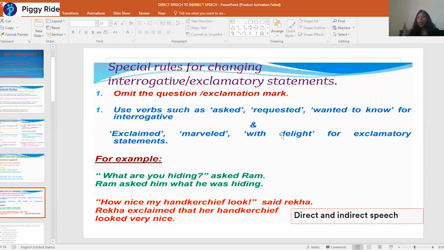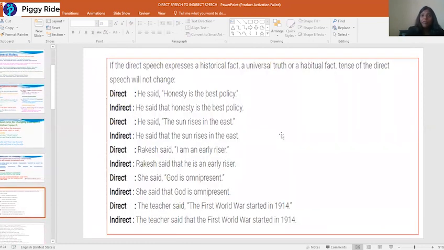So these were all the important parts which you all should remember while you're applying direct to indirect speech. So I hope all the important rules and regulations were clear to you. Now, there are a few examples which I would like all of you to read with me, solve with me, okay?